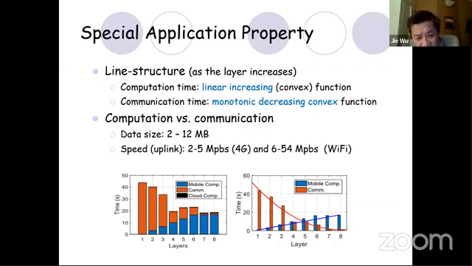So if you rearrange this, the real data, to red and blue, this is the layer of offloading. You can see that for the communication, the size becomes smaller and smaller. And this makes sense because if you offload later, the data size becomes smaller. Obviously, if we offload a little bit later, there is more local computation. So you can see that one is decreasing, the other one is increasing.